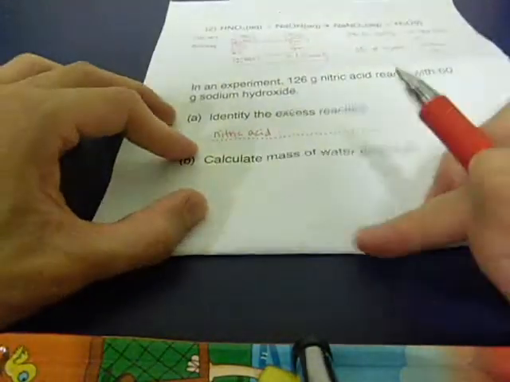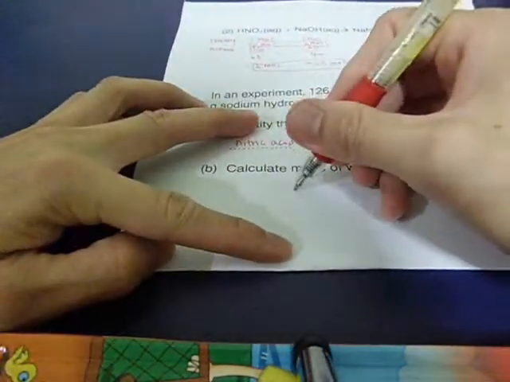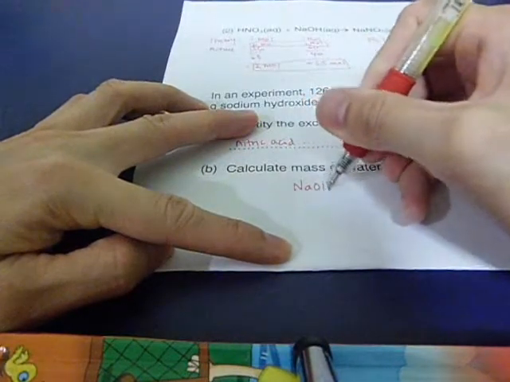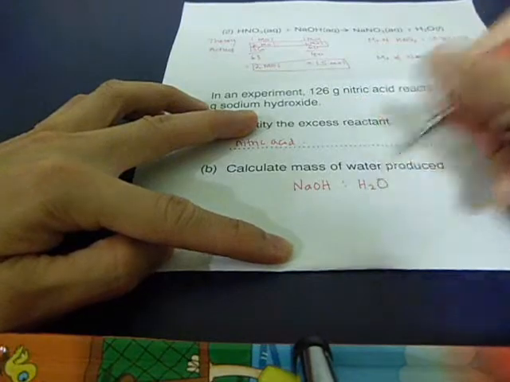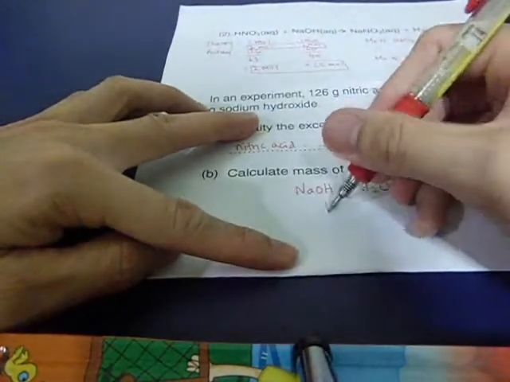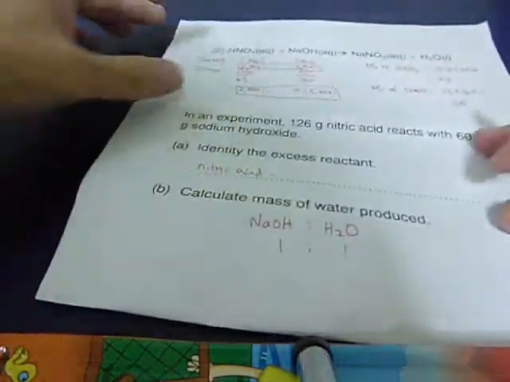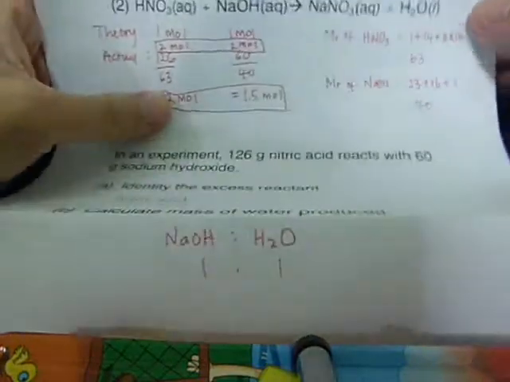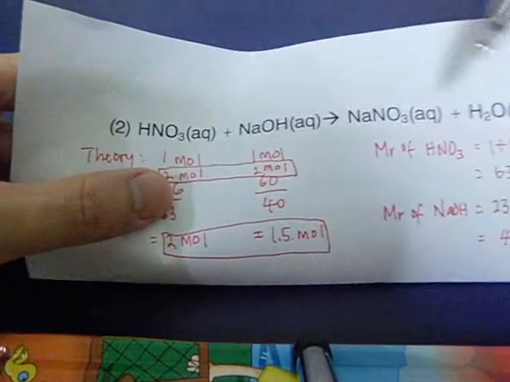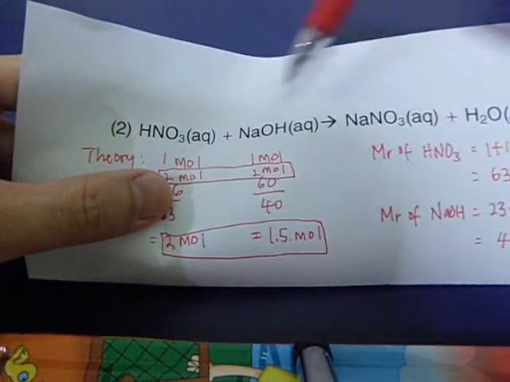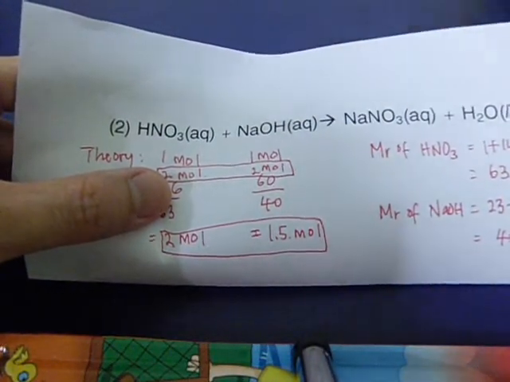Now how to show the working? The working is like this. We look at the mole ratio of sodium hydroxide, which is the limiting reactant, to water. Mole ratio, what is it? 1:1. How do I know it's 1:1? Look at the balanced chemical equation. 1 here, 1 here, which means 1:1 is the mole ratio for sodium hydroxide and water.